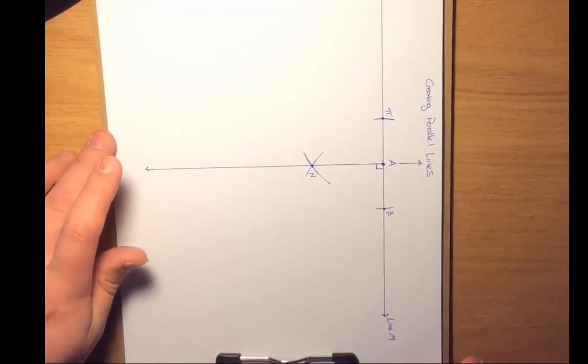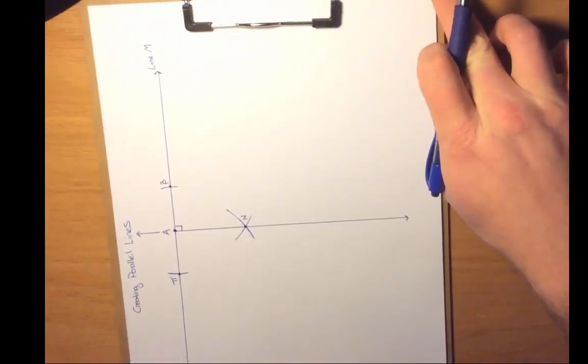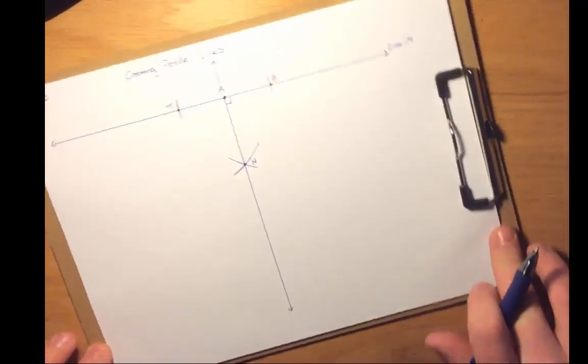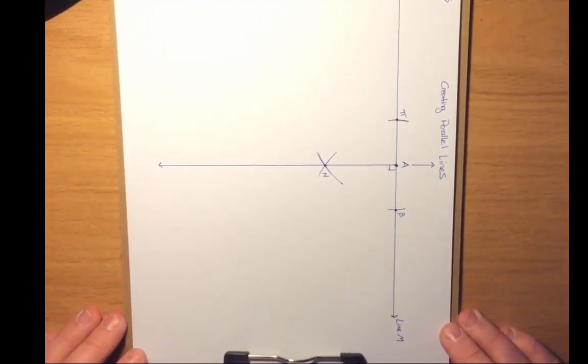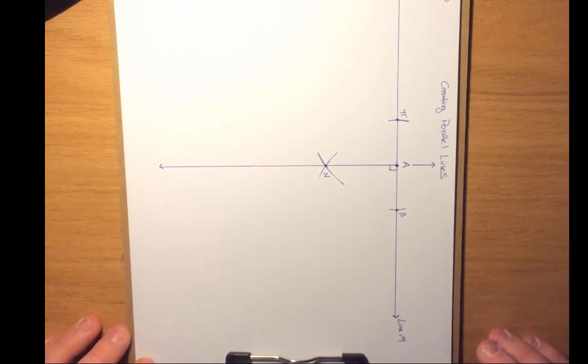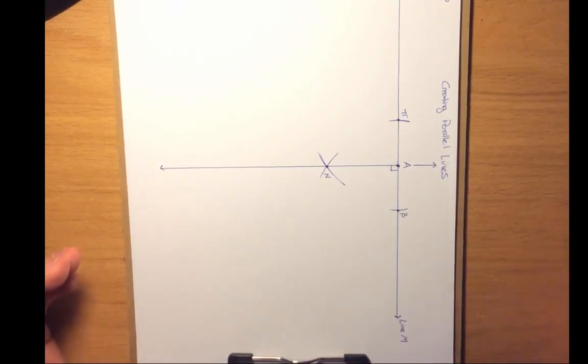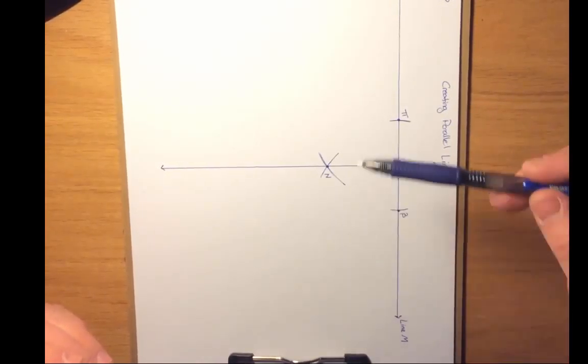You could turn it 90 that way, or you could turn it 90 this way. It doesn't matter. It just needs to be turned 90 degrees. And now what I'm going to do, and you can try this on your own, is construct another perpendicular line.